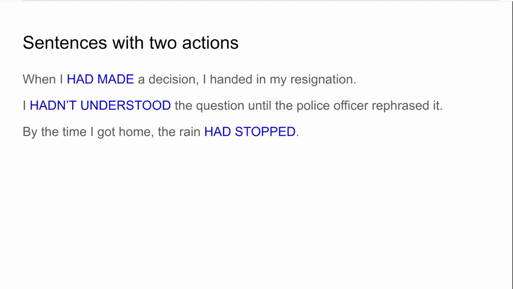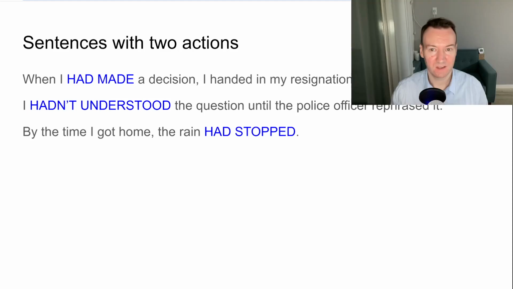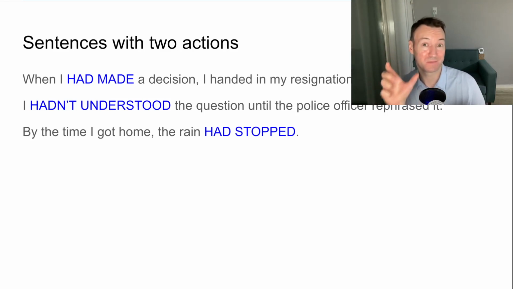So we can see that using a combination of past perfect and our time subordinators, we can get a lot more information and a lot more nuance into a single sentence.